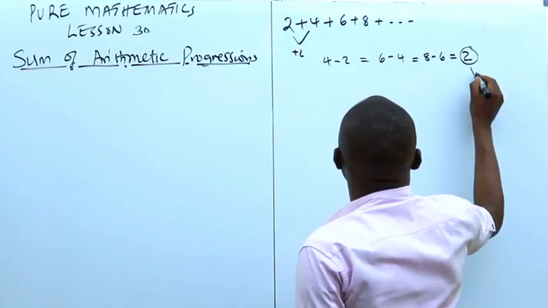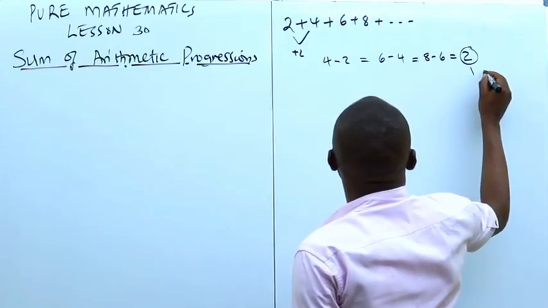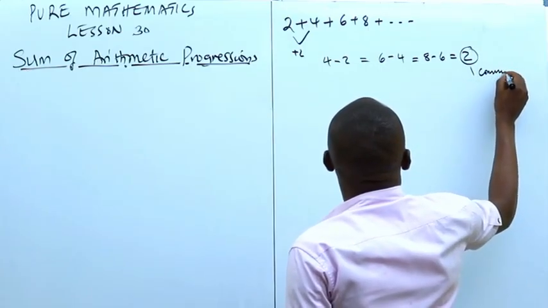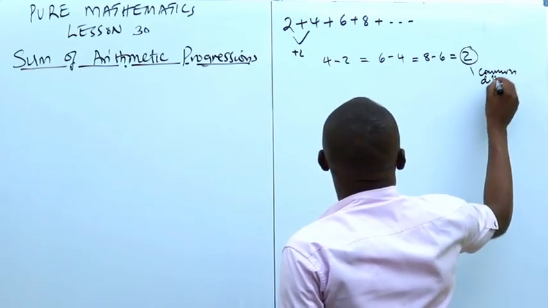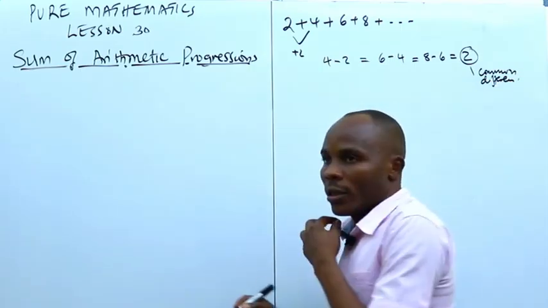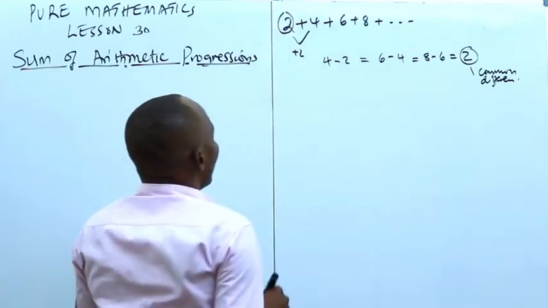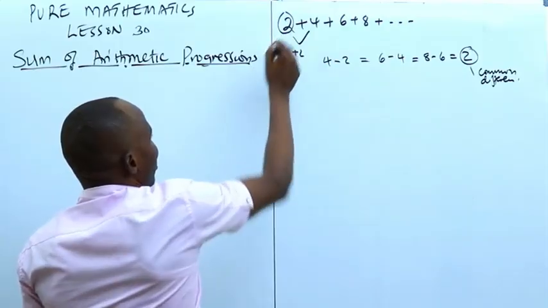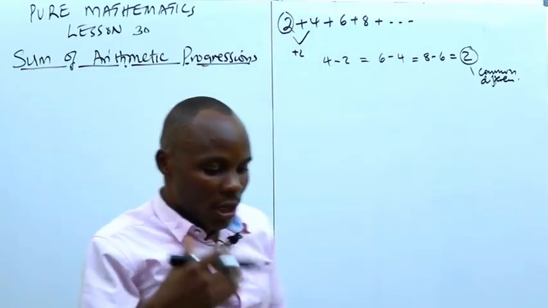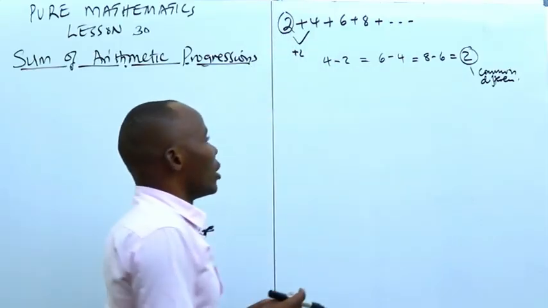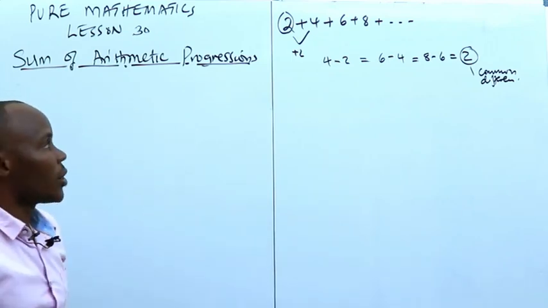So this 2 here is what we call the common difference. We call this value here that is coming as our number 1 in the series the first term.